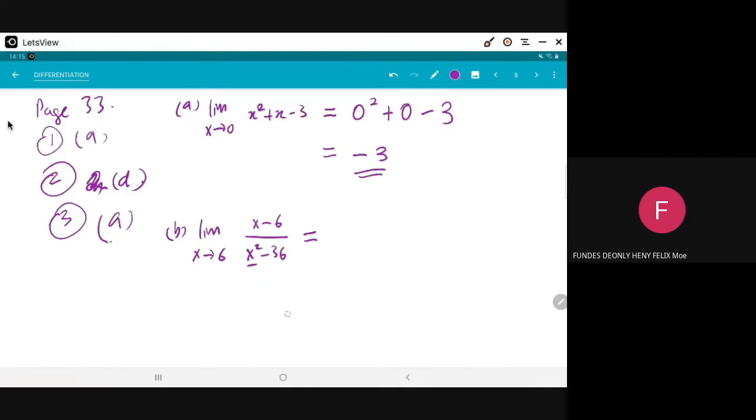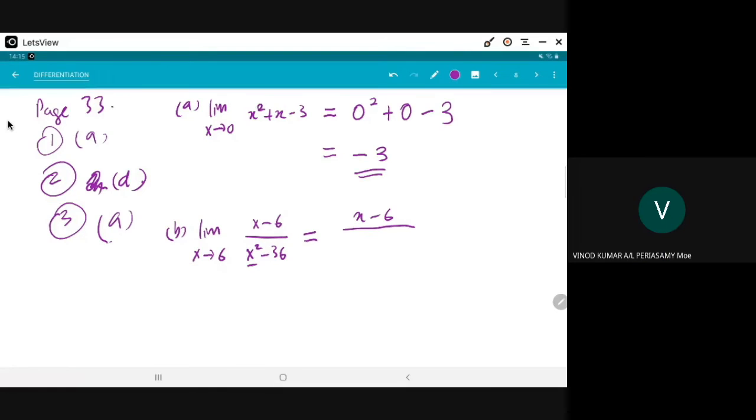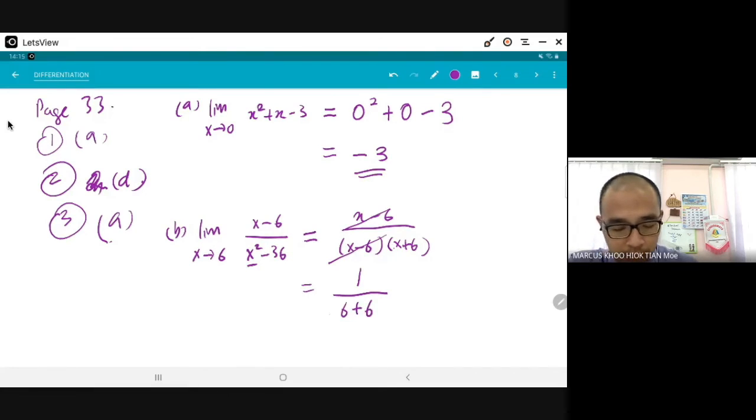Factorize the bottom. So I'll get x minus 6 on top. On the bottom I factorize, I will get x minus 6, x plus 6. Then after that we can cancel, we will get 1 over x plus 6.